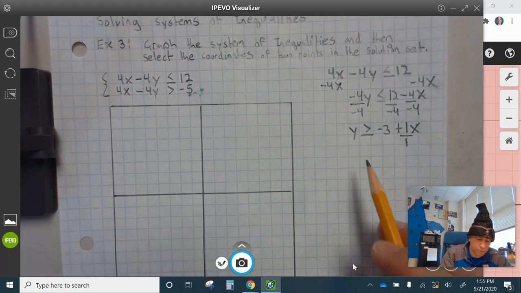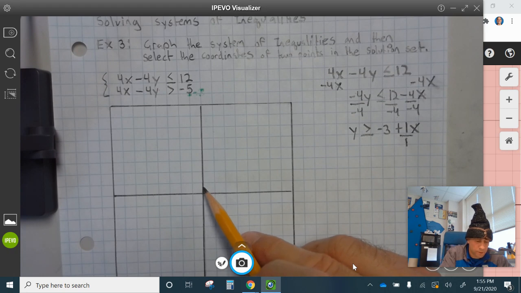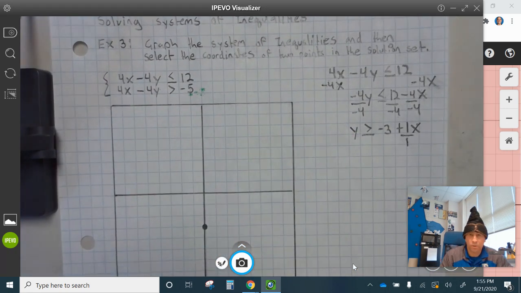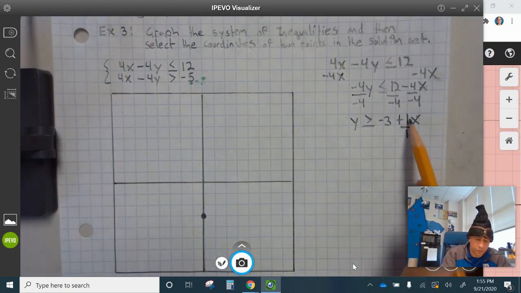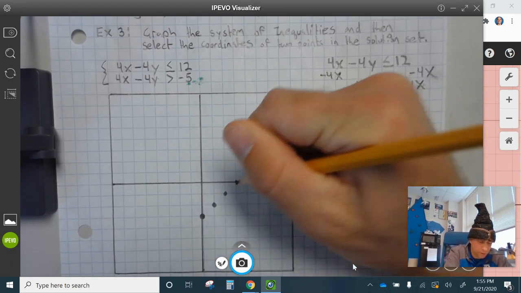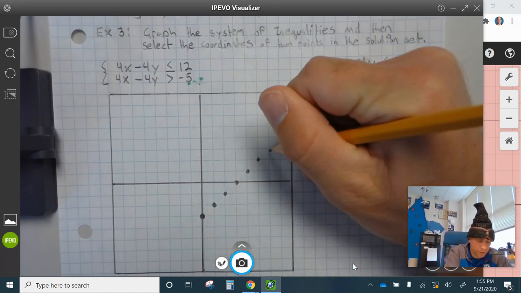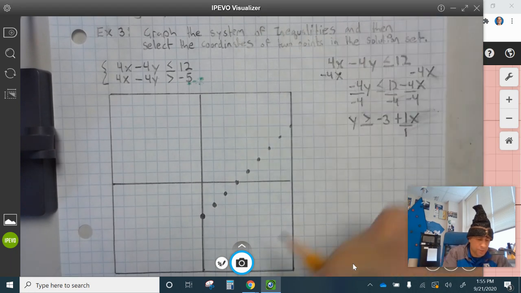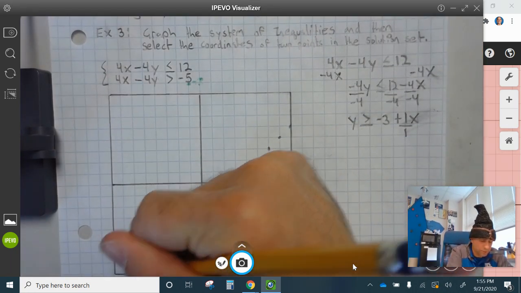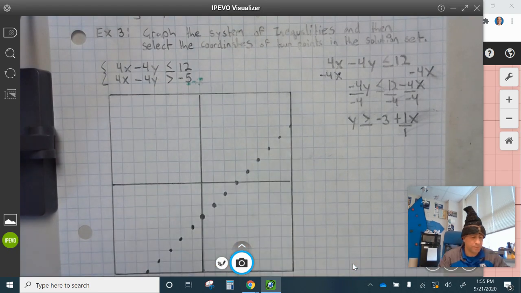So to graph this, we start at negative 3. So 0, negative 1, negative 2, negative 3. And the slope tells us we go up 1 to the right one, up 1 to the right one, and so on. And we can go down 1 to the left one, down 1 to the left one, and so on.